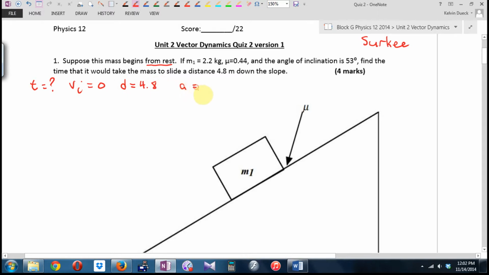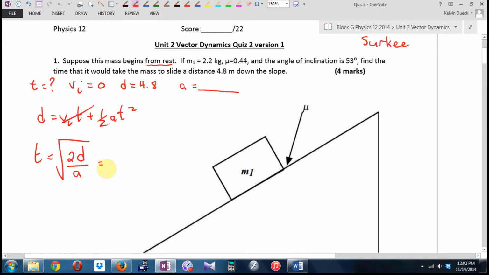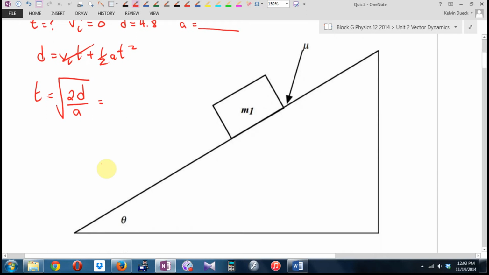If I could find the acceleration, then I could use that. So even though this says find time, I think I'm going to spend most of my time finding the acceleration. Probably a job for a good free body diagram.